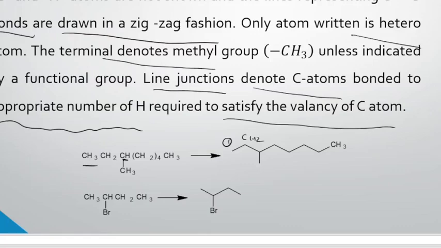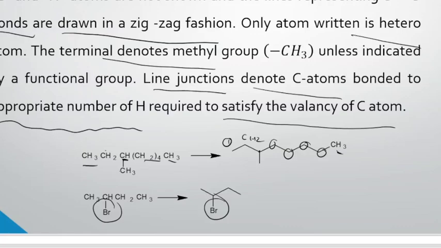If we consider the CH, as it is attached to 3 carbon atoms, this is the junction carbon with 3 carbon atoms, and only one hydrogen will be there. And as there are 4 CH2s, we can clearly see the 4 CH2s here, and the final terminal carbon will be a methyl group, which is nothing but CH3. Here we need not represent that CH3 also. But we need to represent heteroatoms like bromine like this.